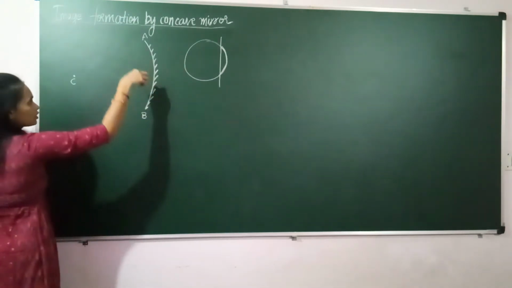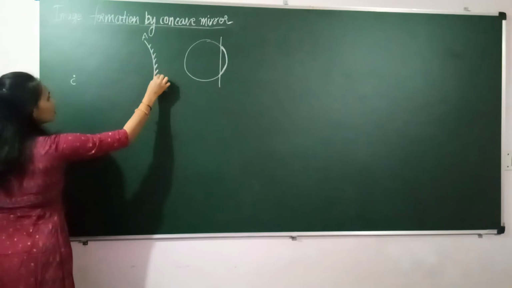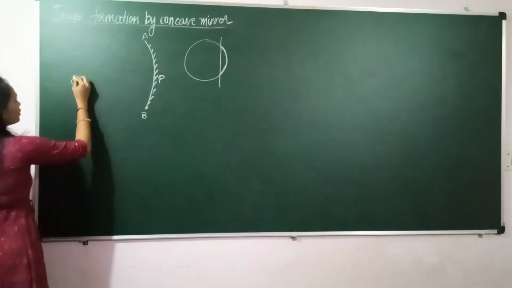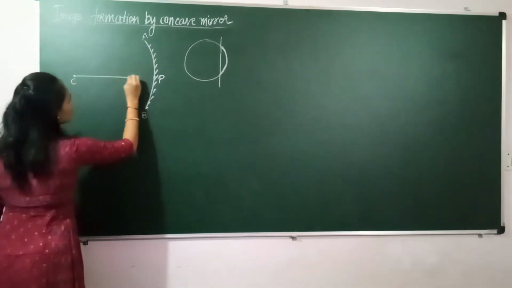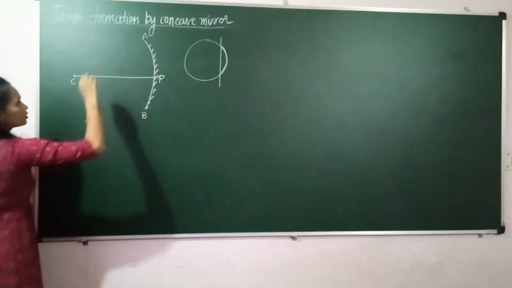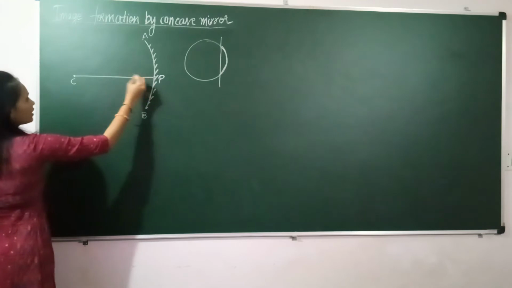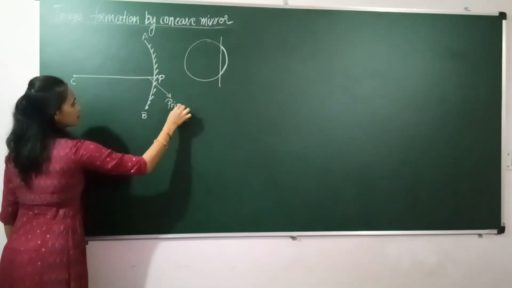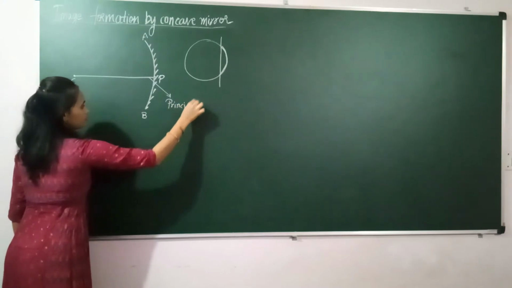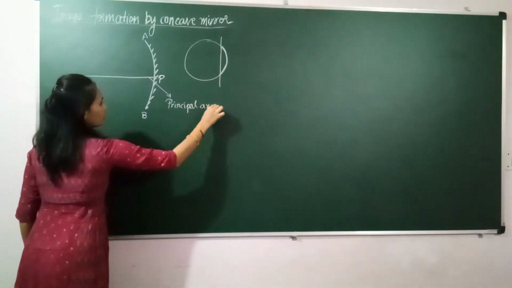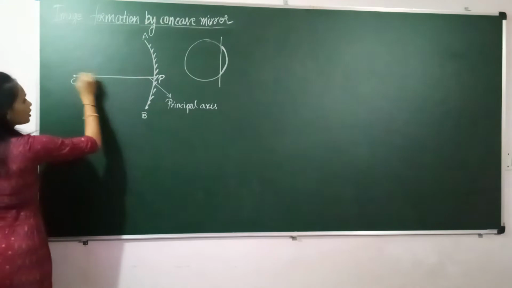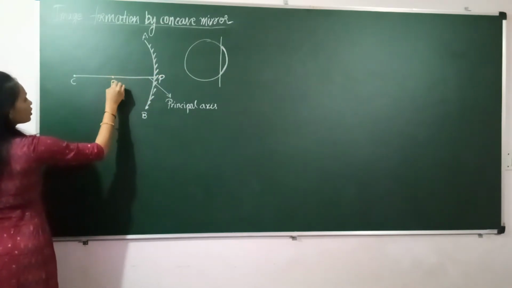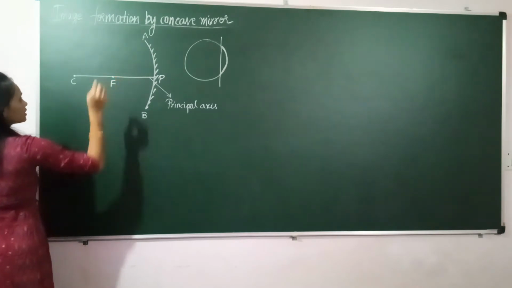For this aperture, the midpoint is called the pole and we will represent it as P. Next, we will join these two points, from center of curvature to pole, and this line we will call the principal axis. And next, the midpoint between the center of curvature and the pole we will call the focus point and represent it as F.